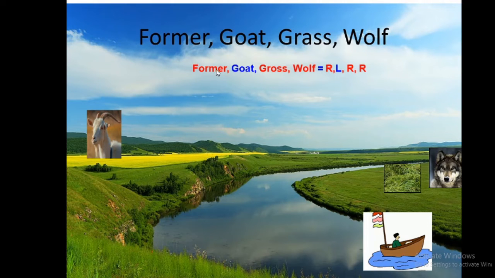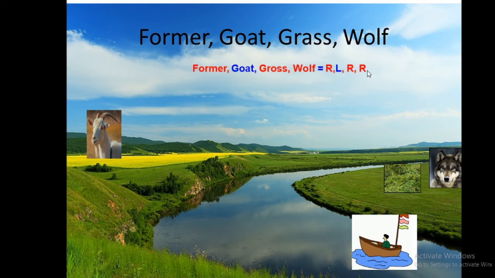See here in this situation, farmer, grass, wolf, 3 items are in red color. Here 3 values are in red color, all on the right side of the river. So these 3 values are converted to R, represented in red color.